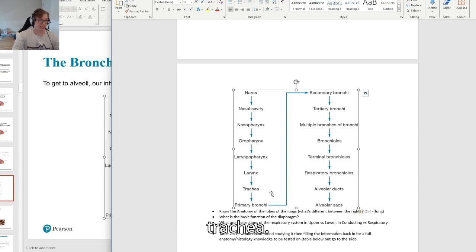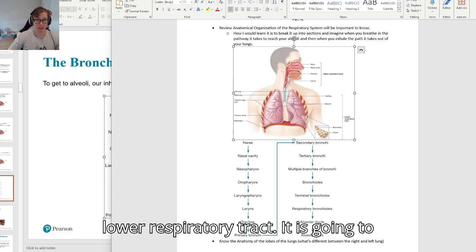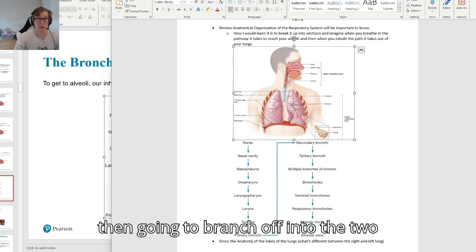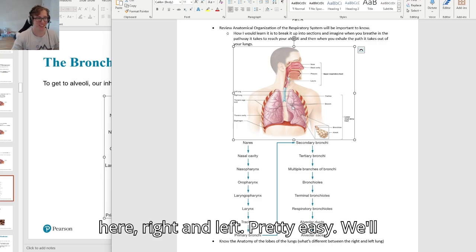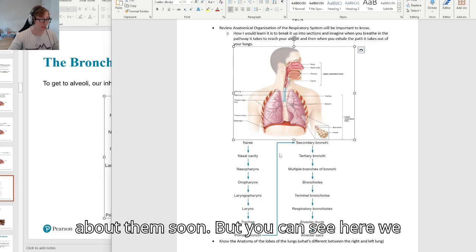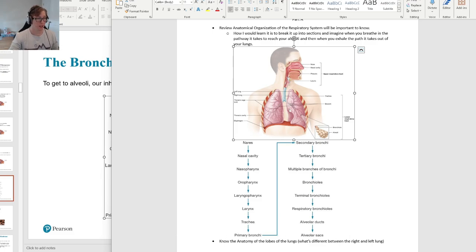Now, the trachea is where we get into the lower respiratory tract. It is this thing right here, which then branches off into the 2 different lungs, right and left. Pretty easy. We'll get into a little bit of differences about them soon. But you can see here, we have trachea, primary bronchi.